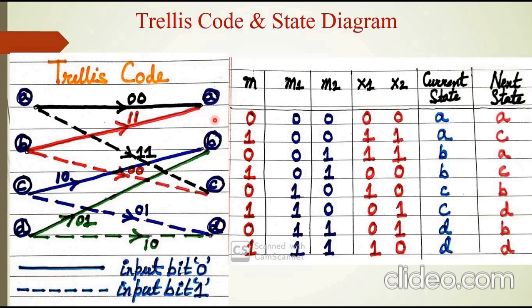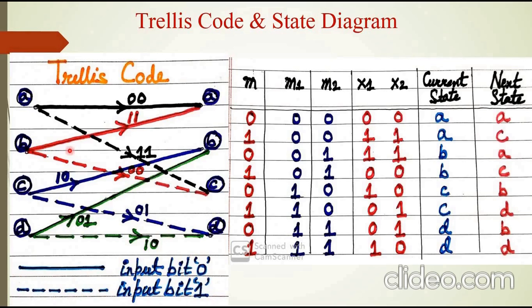So output state means next state. Now here, when you draw code trellis, there are 2 things we need to keep in our mind. So this solid line explains input bit 0 and this dash line means input bit is 1.